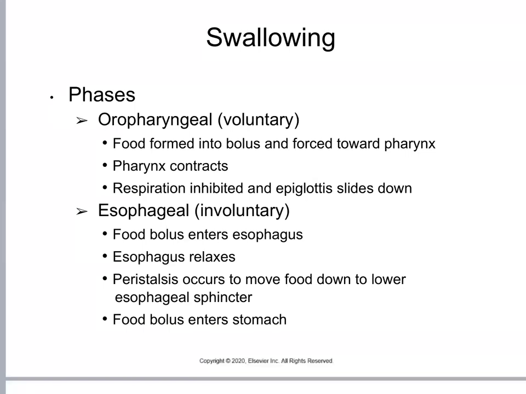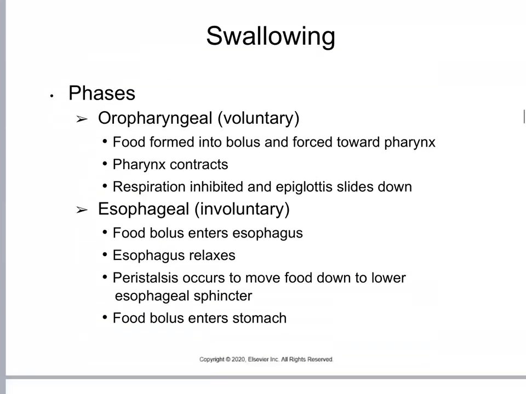So we have phases of swallowing. We have the oropharyngeal phase, which is voluntary. So this is when we chew our food, it gets formed into a bolus, and we swallow it down, it goes to the pharynx. The pharynx contracts. We don't breathe while we're swallowing. And then that epiglottis opens up, it slides down, and that food enters the esophagus.